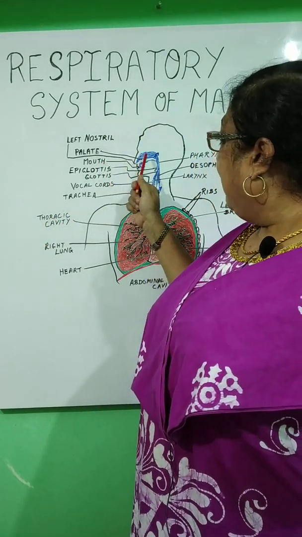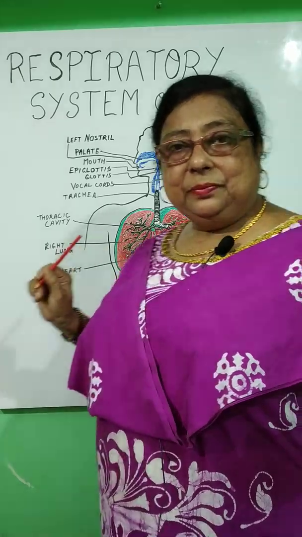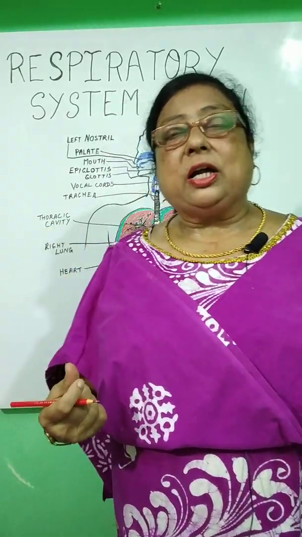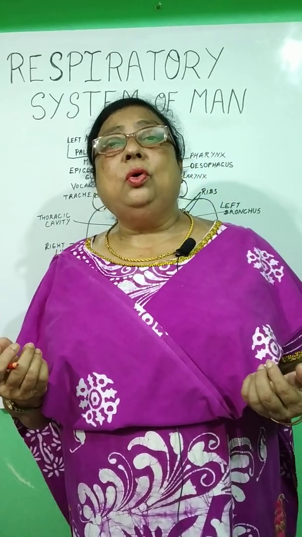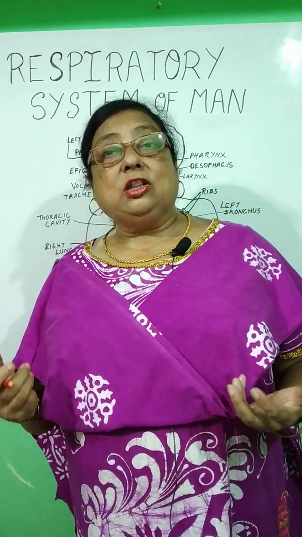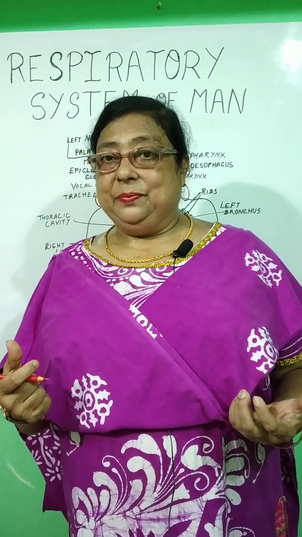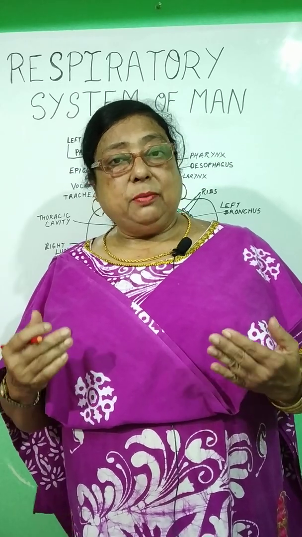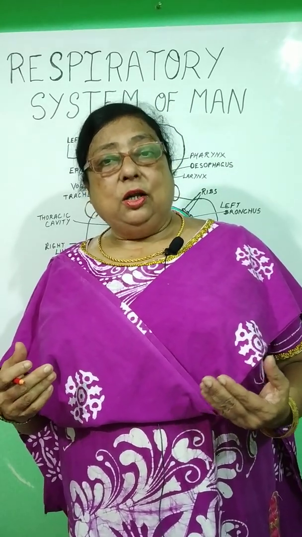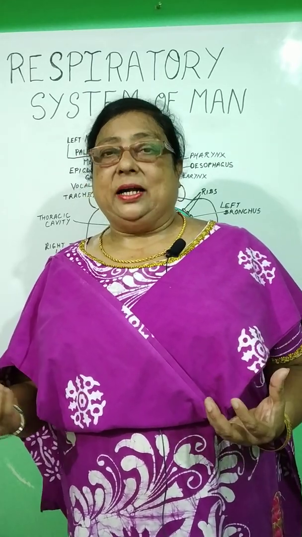So the air passes through the larynx into the trachea. And the trachea is a tubular structure, and then it bifurcates, that is divides into two, and these two structures are called the bronchi, singular bronchus. And both these two tubes, after the bifurcation of the trachea in the lower part, enter each lung.